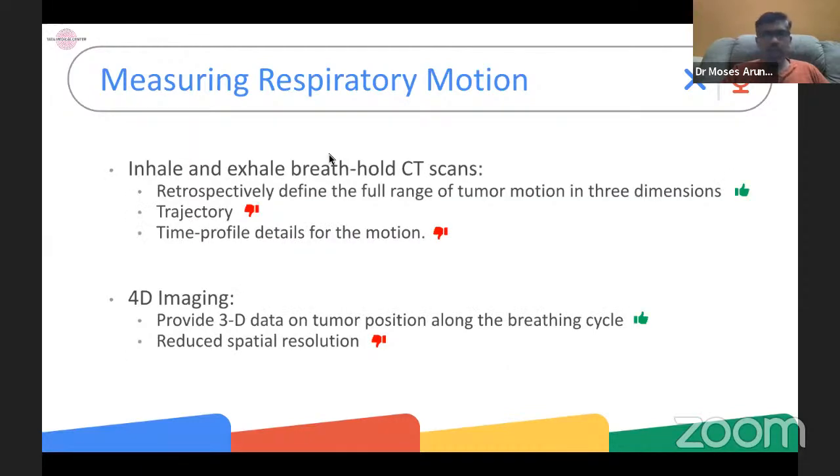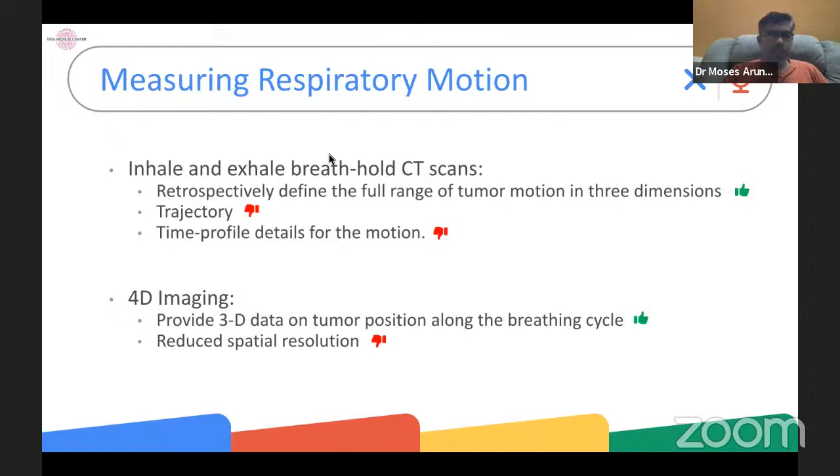Also, you can do CT scans at the extremes of the respiratory cycle, where you ask the patient to hold breath at inhale and at the exhale position, and get the full range of the tumor motion in 3 dimensions. But what will be lacking is the actual path through which the tumor is traveling, and also the relative positions of the tumor and the nearby organs when we are just imaging at 2 different positions alone.